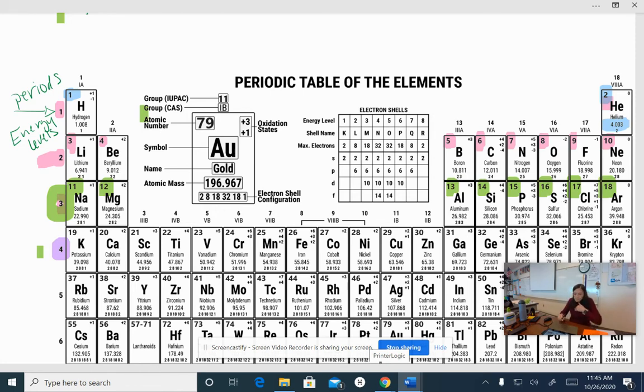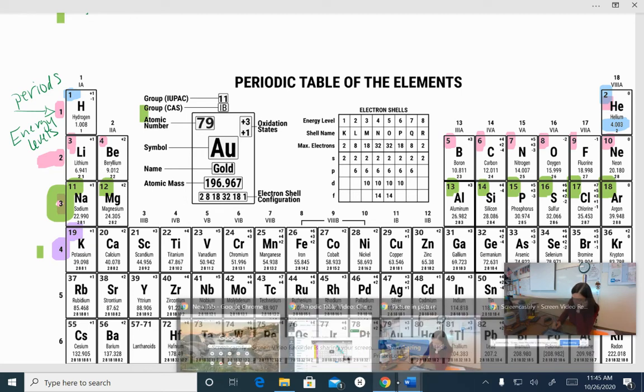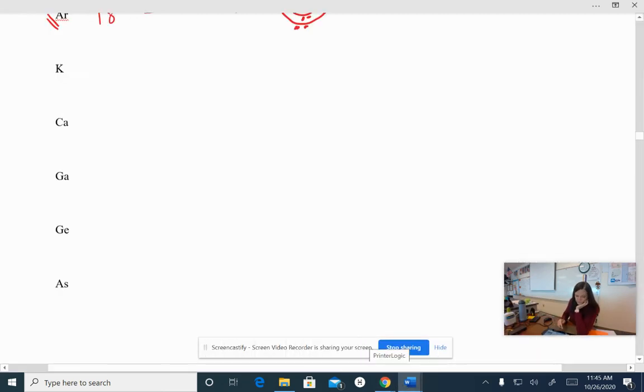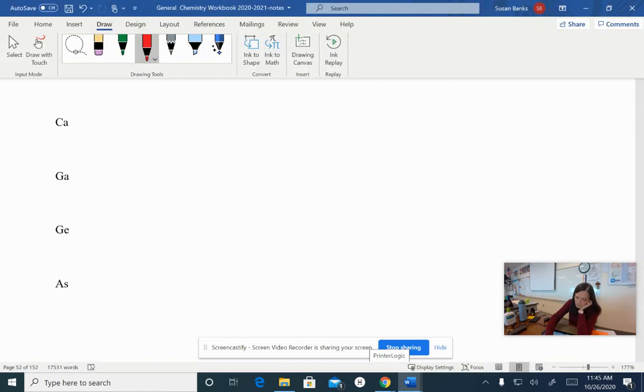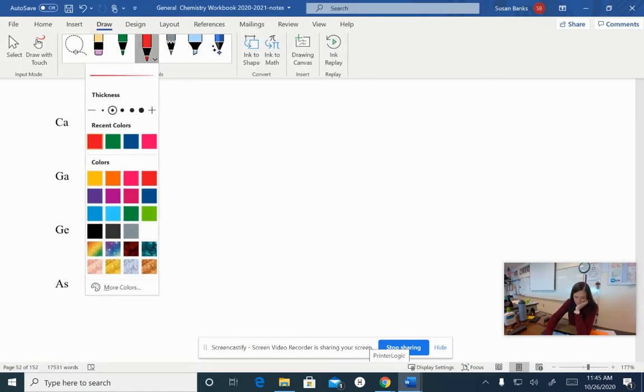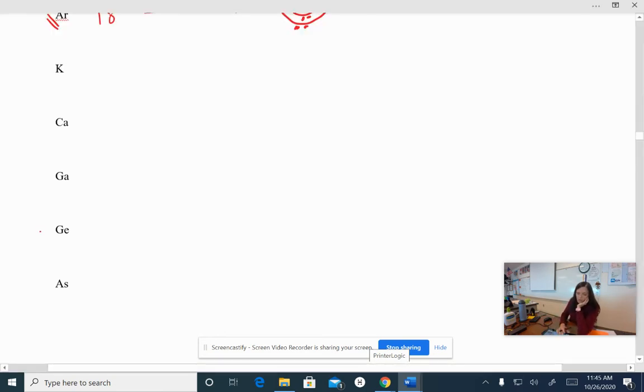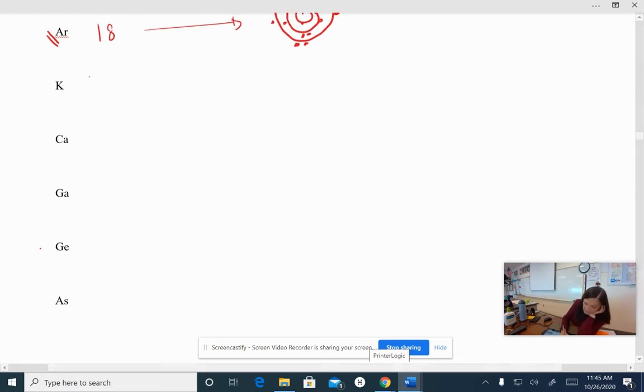We are also going to have 19 electrons to place. I'm going to change my color. Okay, so 19 electrons.